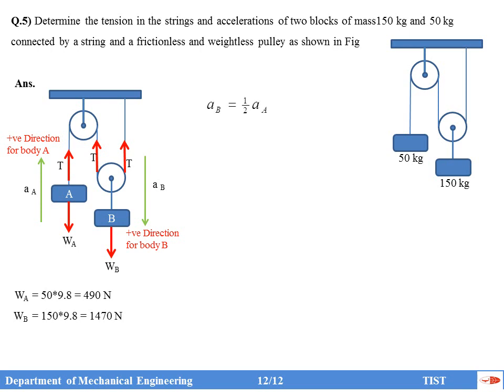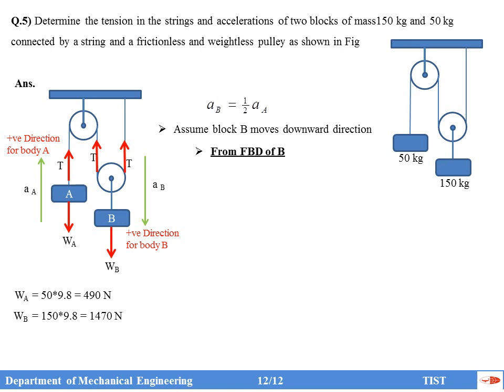Now the acceleration of block B is half the acceleration of block A. Why? Because block B is connected with two strings, its acceleration is half of the acceleration of A, right? We already discussed this idea in the previous slide.